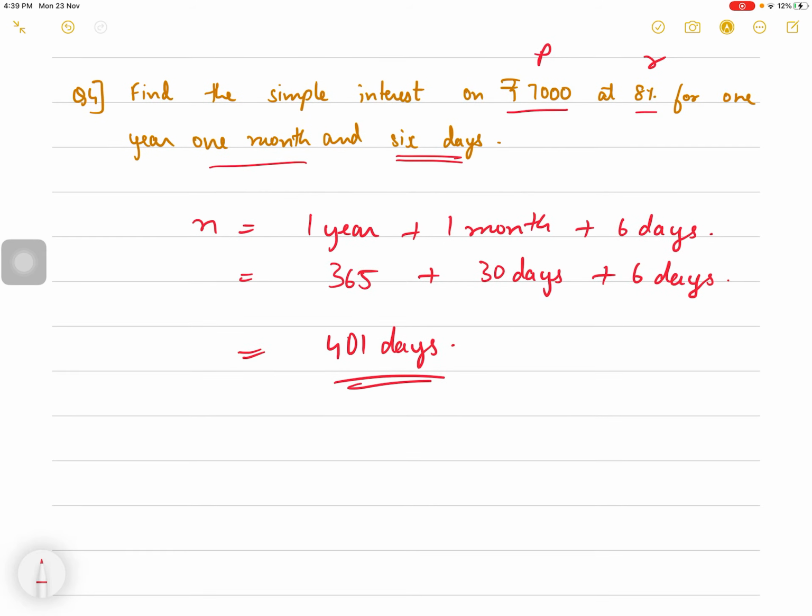So simple interest is equal to P into N into R. Principal is 7,000. N is 401 days divided by 365, multiplied by R. R is 8%, so 8 divided by 100.